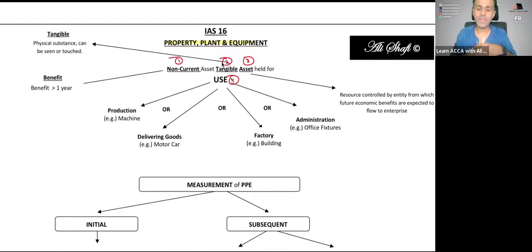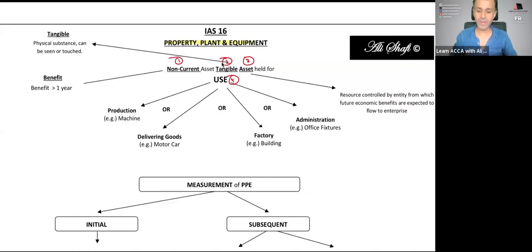So it starts with the word non-current, then it takes the word tangible into it, asset into it, and then use. An asset that provides benefit for more than a year is called non-current.